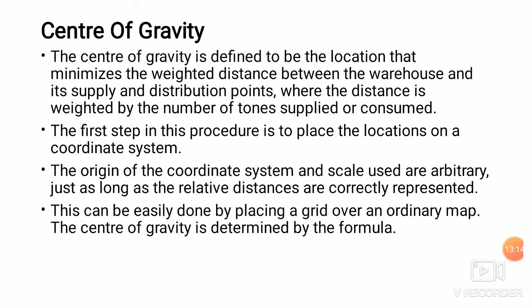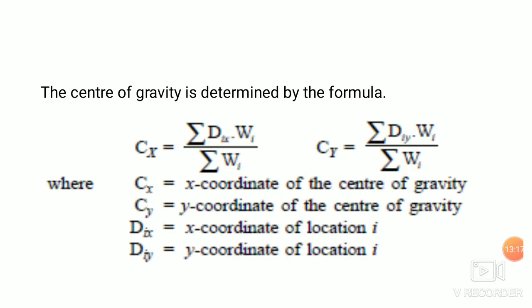So we have a formula for this. Cx is equal to the summation of dix multiplied by wi, the whole divided by the summation of wi. Cy is equal to the summation of diy multiplied by wi, divided by the summation of wi.